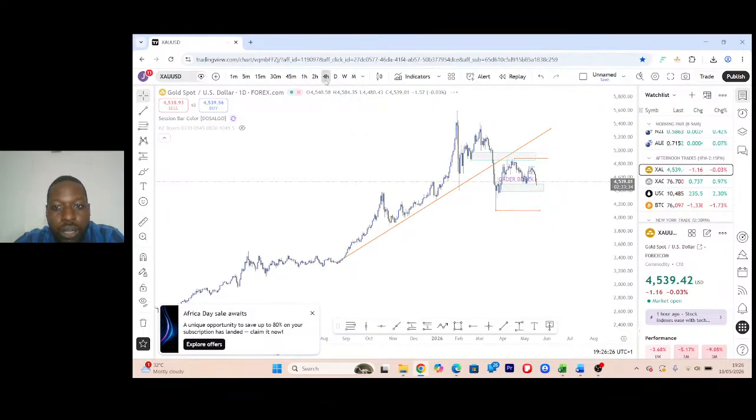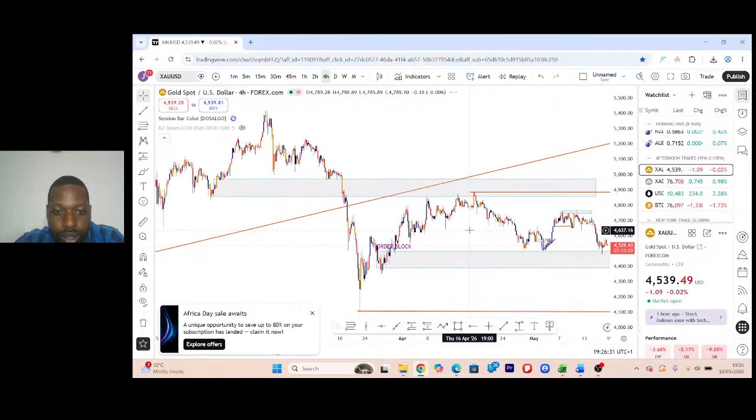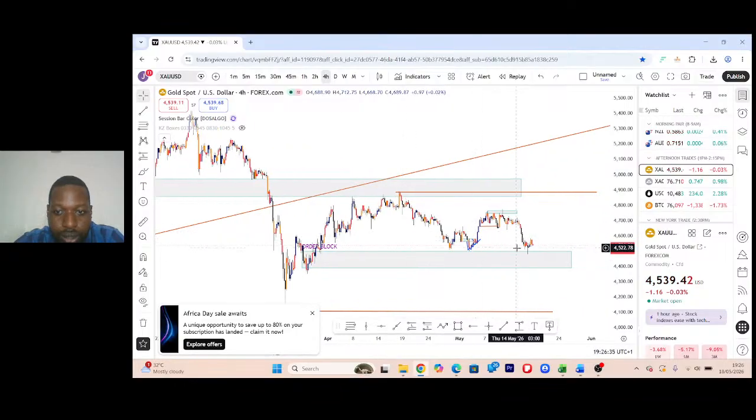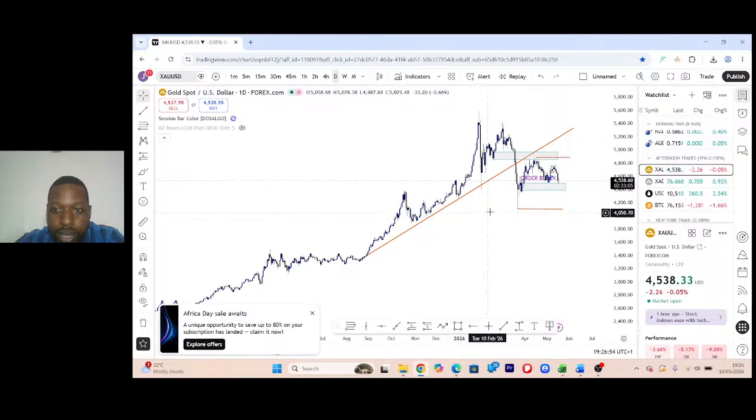So we'll come down to the 4 hour time frame to see. You can see that price is reacting at this level, at this order block here. From all indication from the daily time frame, we can see that gold is moving towards the downside.